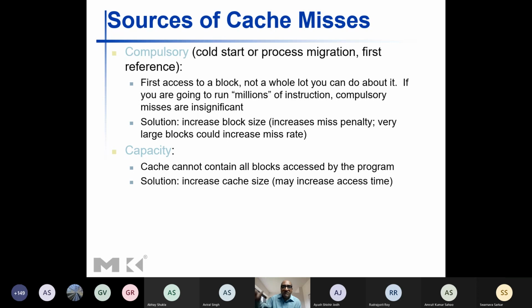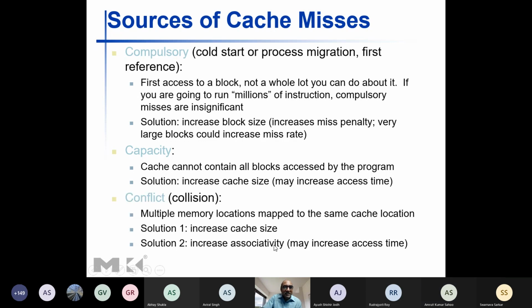So even though you can afford it, you cannot increase the cache just like that, because it will hamper the hit time. That means even though the data is available in the cache, you cannot bring it back or use it within one clock cycle. That's where the problem is with larger caches.